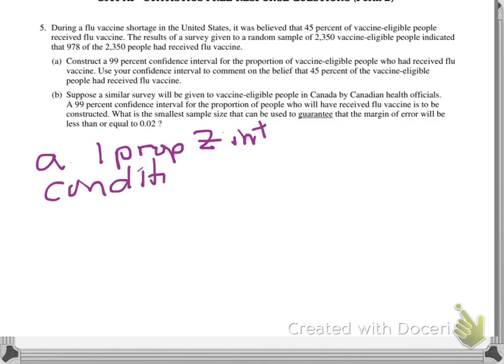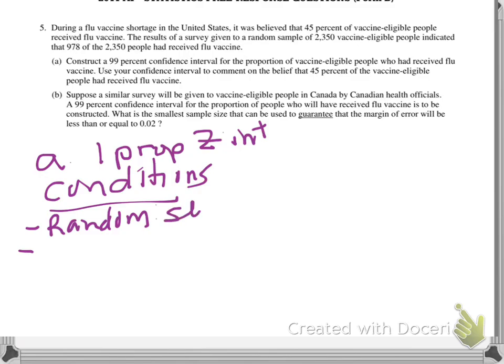Okay, so let's go do A, and this is going to be a 1 prop Z int. Going to do my conditions. And random is stated. Do you see that my population here is 23,000?